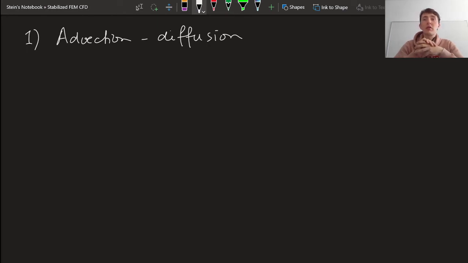So taking the same examples, we might be interested in biomechanics, in the way that medicine or drugs are distributed in certain organs. So we would have the medicine as a constituent that is transported by the blood and is also diffused. So we have this advection-diffusion. We might be interested to find out if we sneeze, how the droplets are dispersed into the open air.